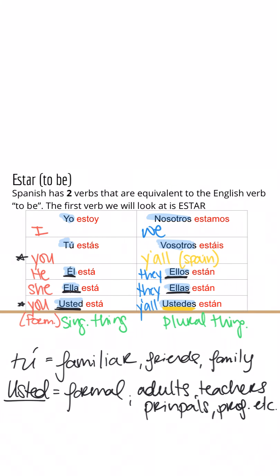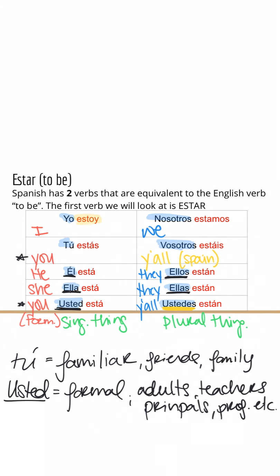Okay. Now, here we get into the fun part, right? We get to finally work with our verbs. So this estoy, yo estoy, is I am, okay? And I guess we'll go into writing that down here in just a minute. But go ahead and follow with me for the rest. You can repeat after me.